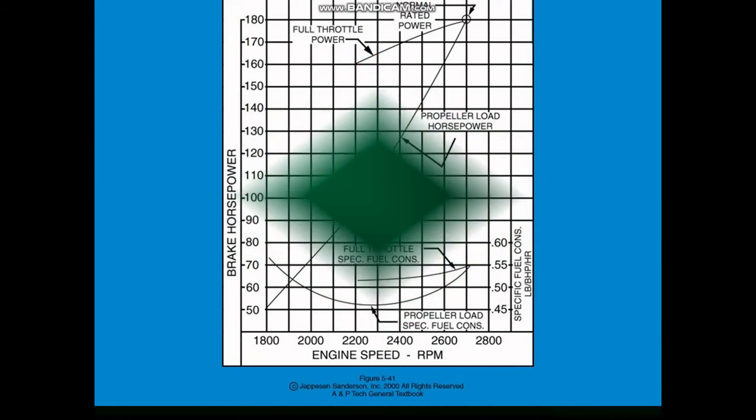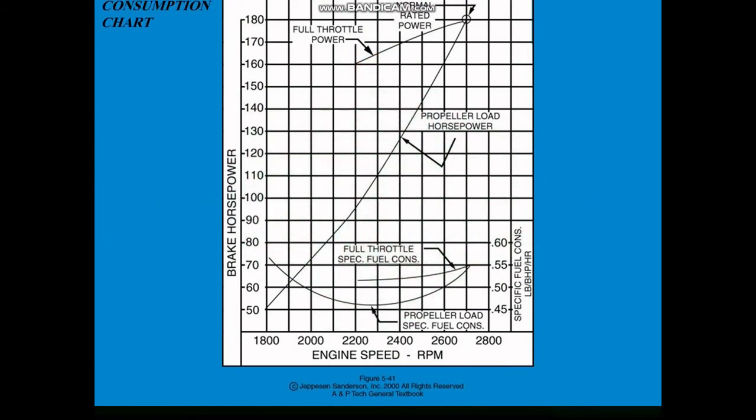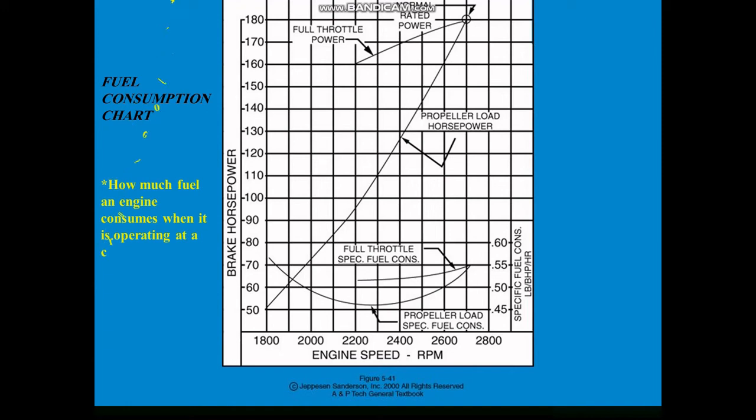After that, we will see the third chart, and it is called the fuel consumption chart. Here we have a question, and this question asks how much fuel an engine consumes when it is operating at a cruise of 2400 RPM.